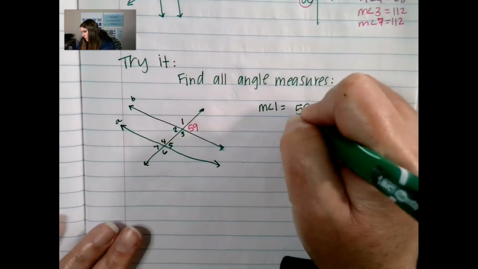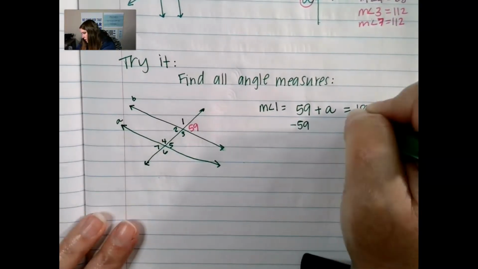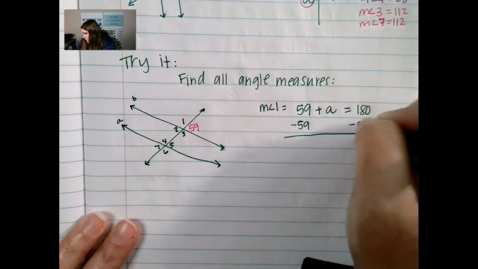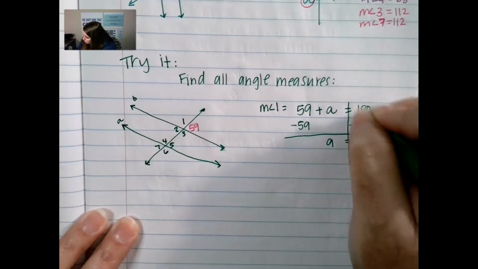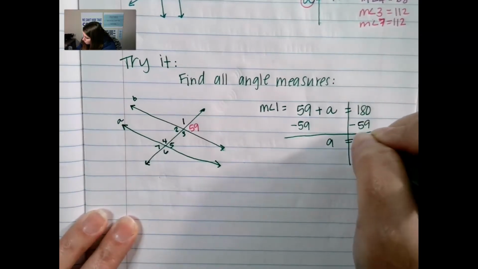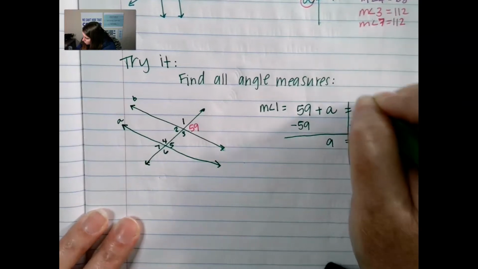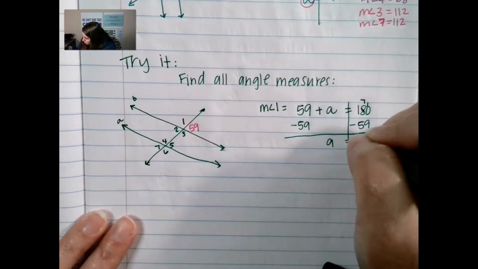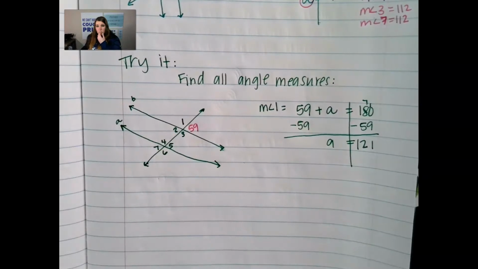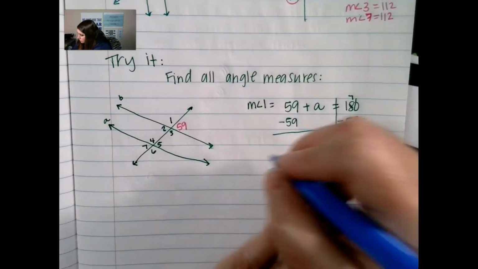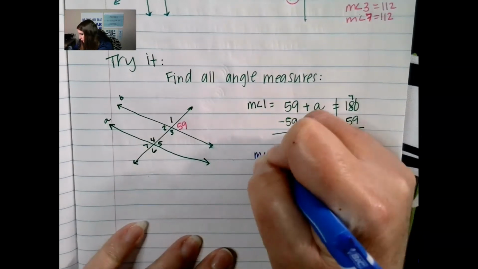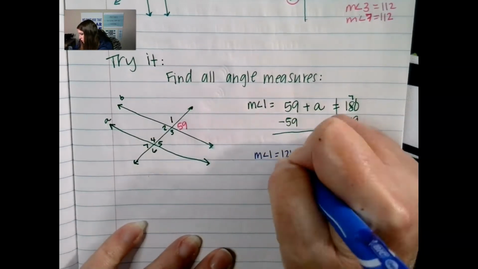So we're going to subtract 59 and subtract 59. A equals 121. All right, so the measure of angle 1 is 121. Measure of angle 1 equals 121.